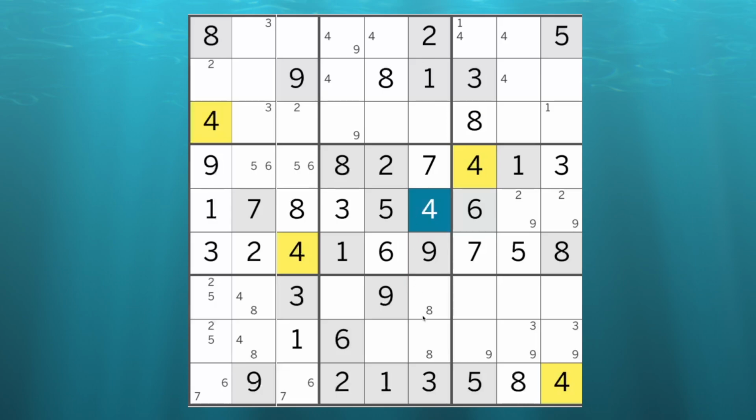Now this column has 3 numbers remaining. The 3, oh, sorry, that's a 3. 5, 6, and 8. 6 can't be in that box, so that one has to be a 6.